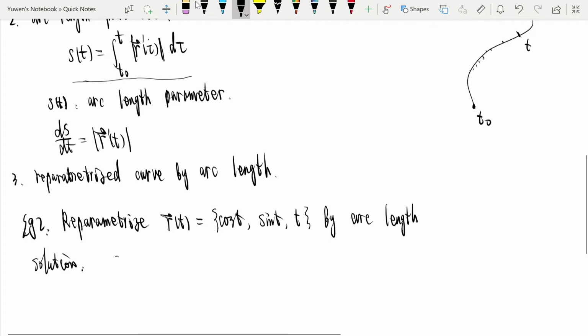First, we find the representation of s in terms of t.